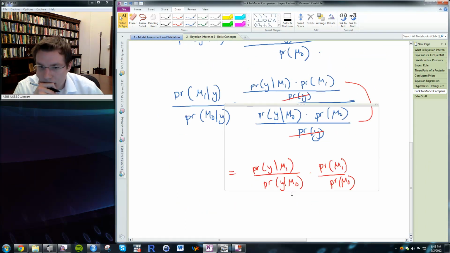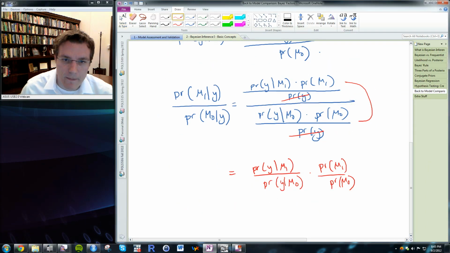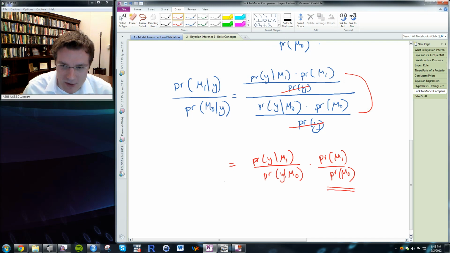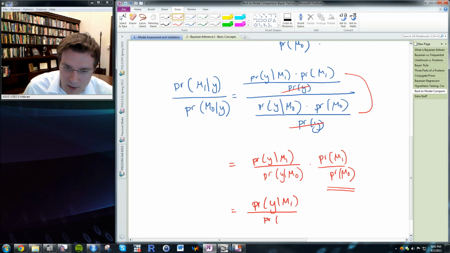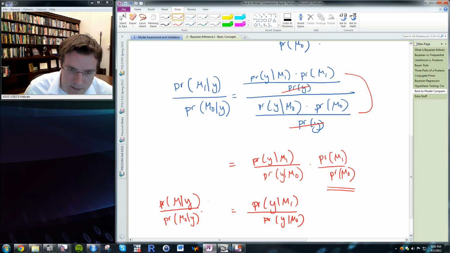Oh, and I'm sorry, one more step. We need to take this here and move it over to the other side. So if you move that over to the other side, you get Pr(y given M1) divided by Pr(y given M0) equals Pr(M1 given y) divided by Pr(M0 given y) times Pr(M0) divided by Pr(M1).